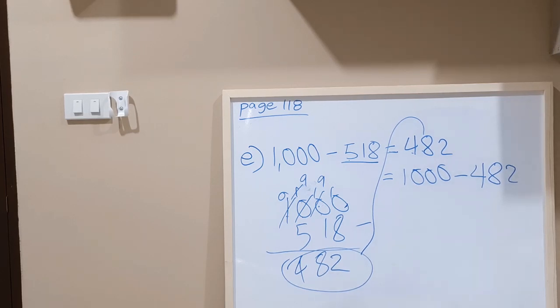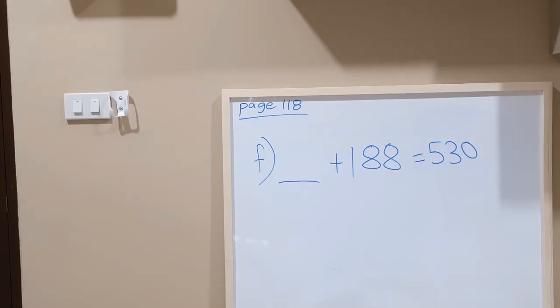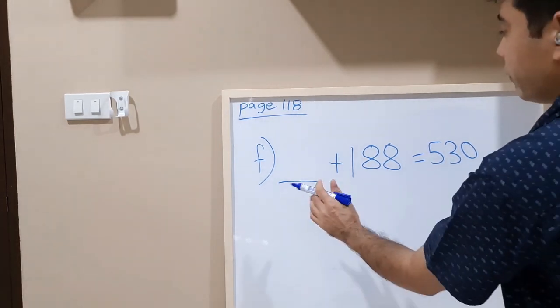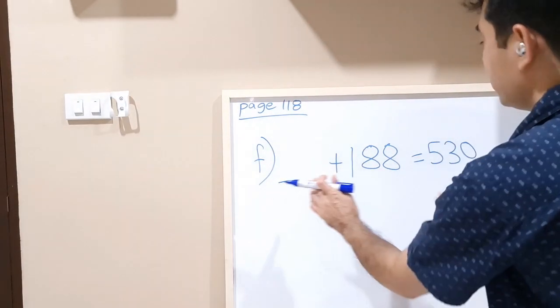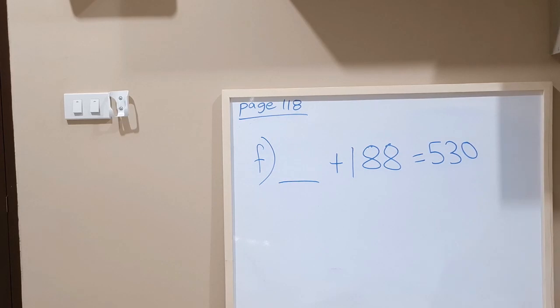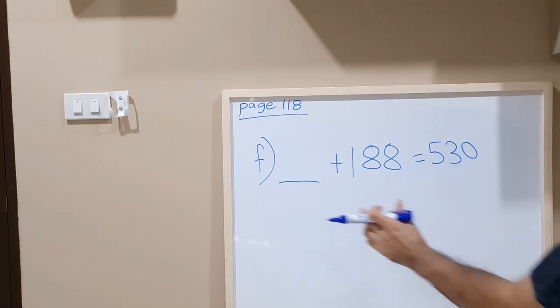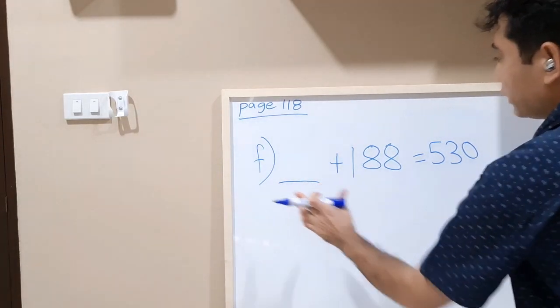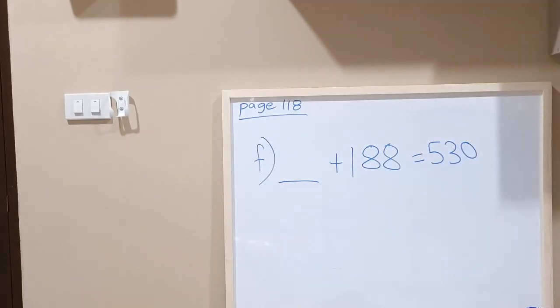Okay, I will pause. Okay, for letter F, it is addition. If you add these two numbers, it will give you 530. But since we don't know the number of the first part, let us subtract.